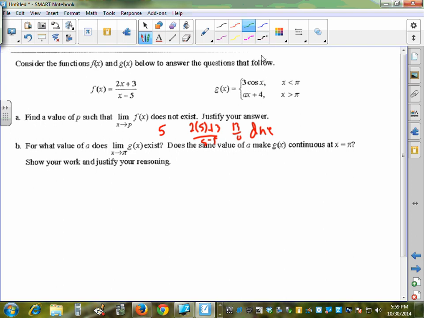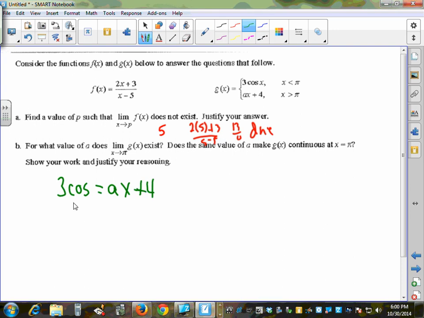Okay, so first of all, that means that we're going to have to solve this. And we can go ahead and plug in pi.